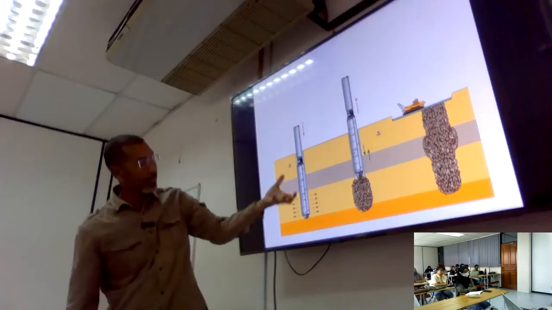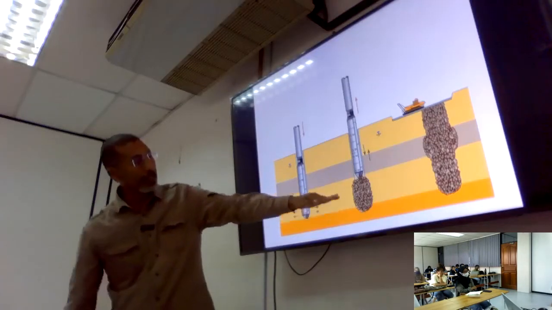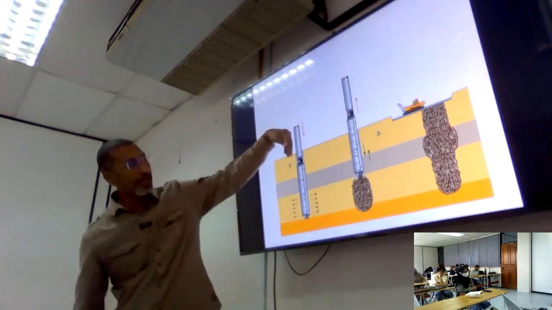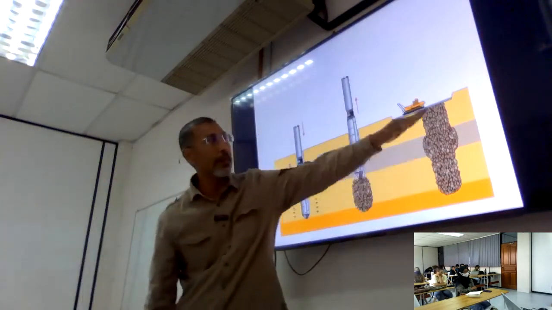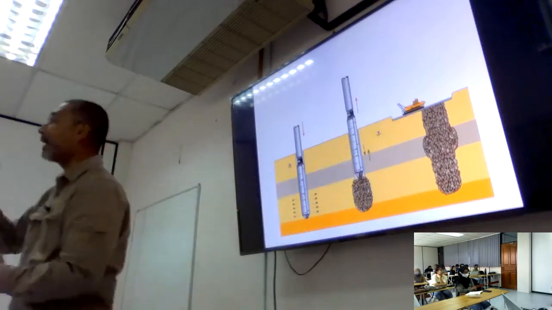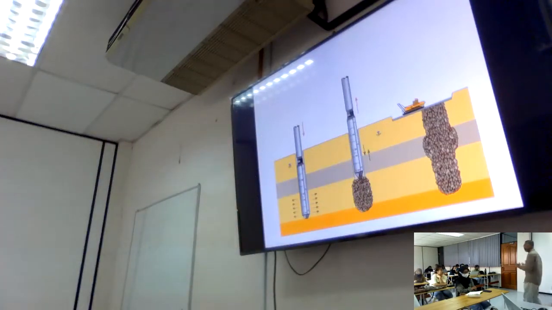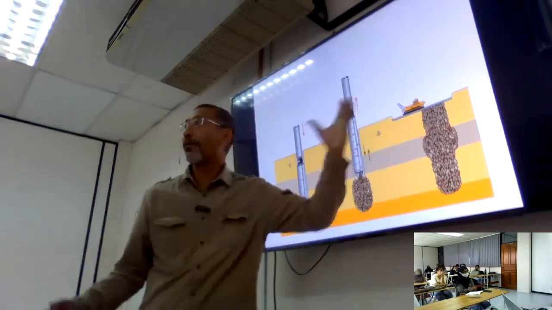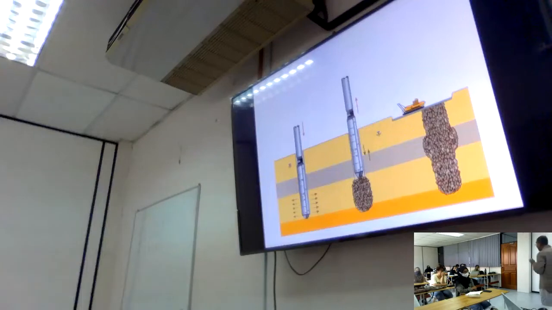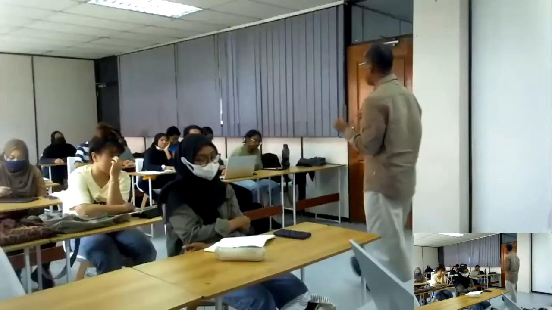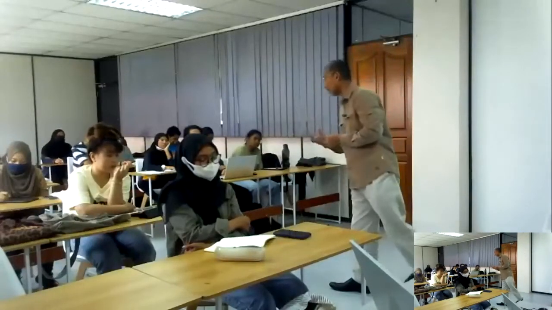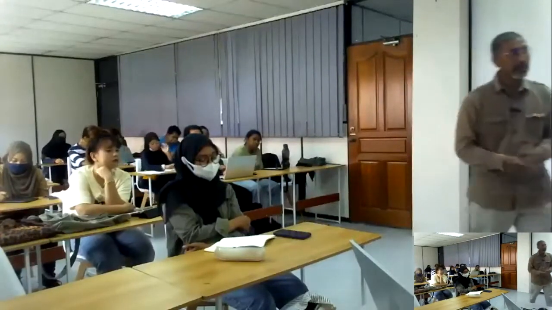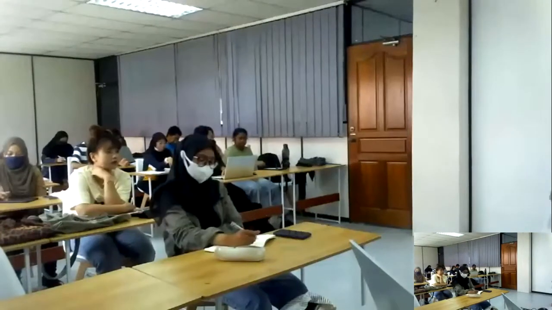You start releasing the rock into the ground, and you start compacting it using this machine, and then finally you can achieve a profile like that, instead of a weak soil here, you have certain columns of rocks. So that will be able to support your road and your buildings or your bridges, things like that. So these are the techniques used.